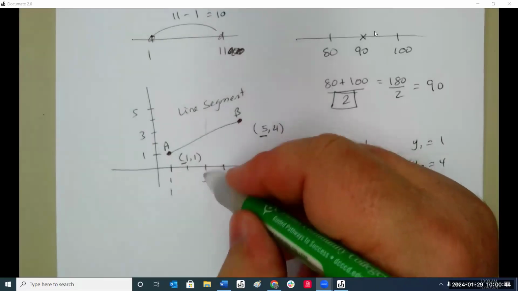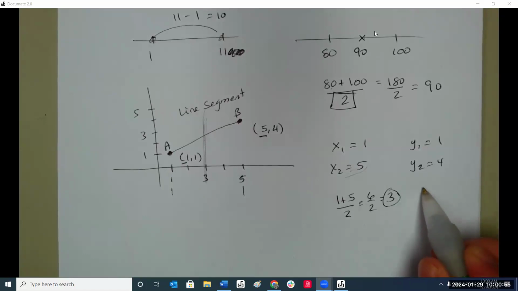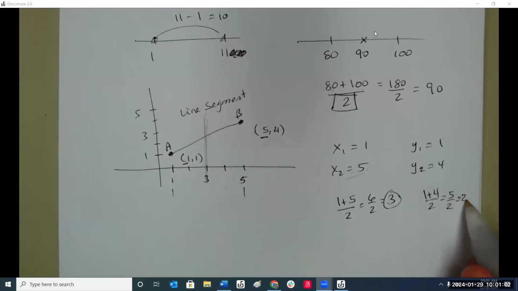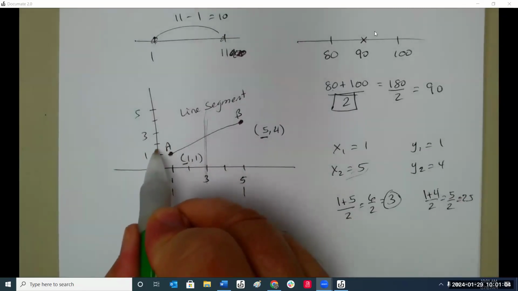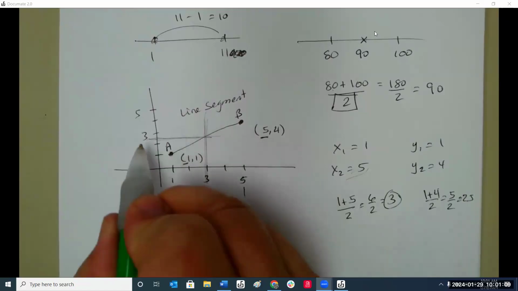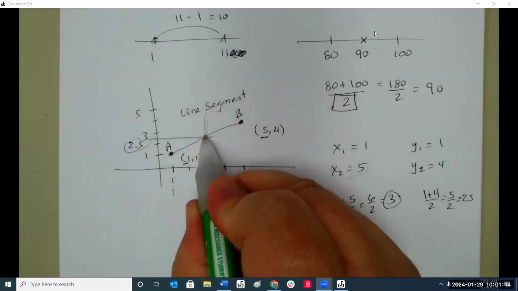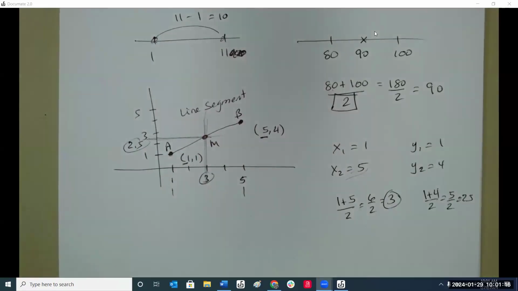So we know the midpoint's going to be here somewhere. How about the y values? What's the midpoint of the y values? 5 divided by 2 is 2.5. So it's between 2 and 3. There is your midpoint.